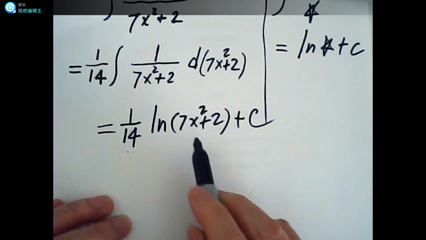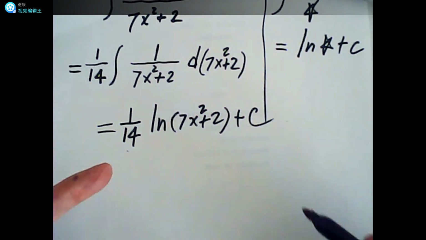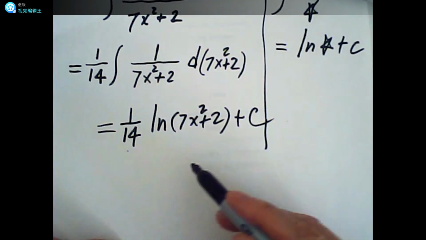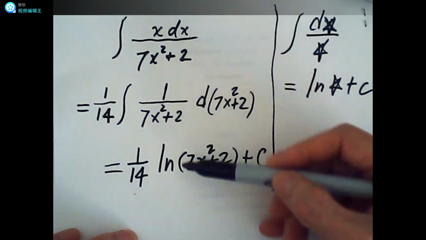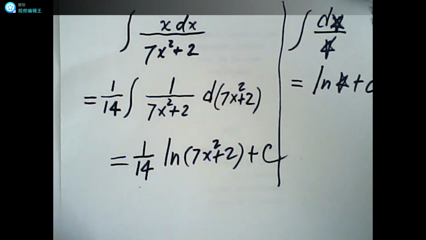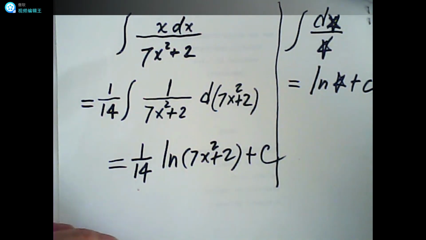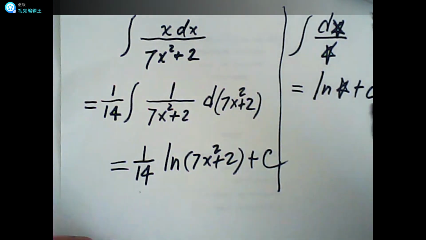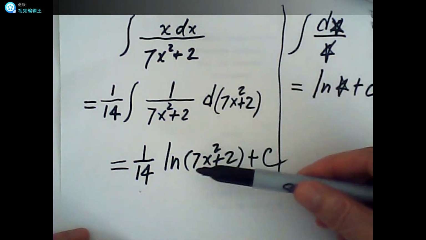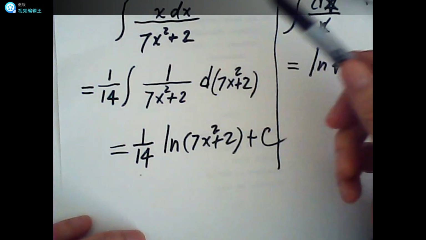Plus c. See, this is positive. Okay, that's finished. Doing it this way, we skip the detail of substitution. We skip the u business. So for us, it's very, very nice. Your integration is straightforward without any interruption.